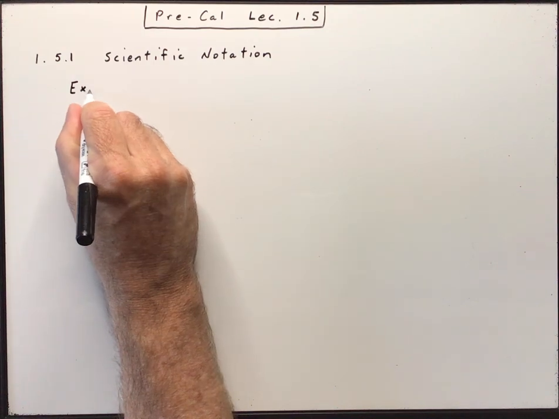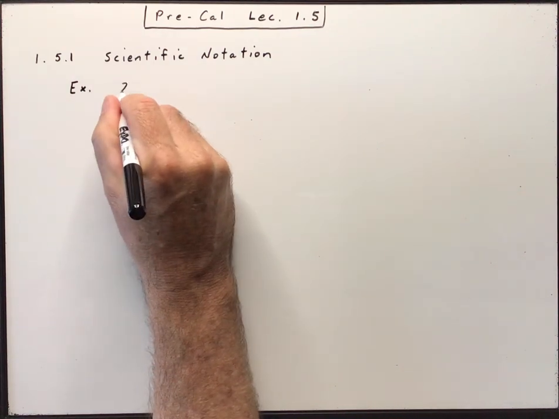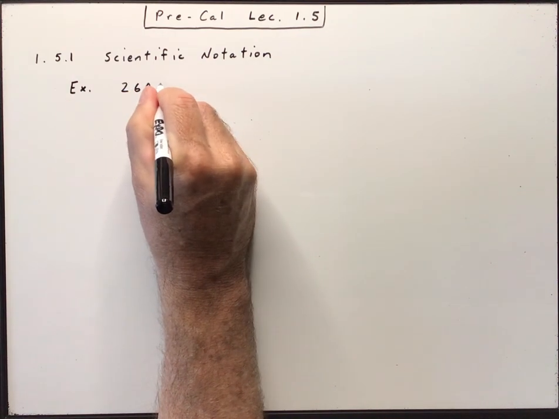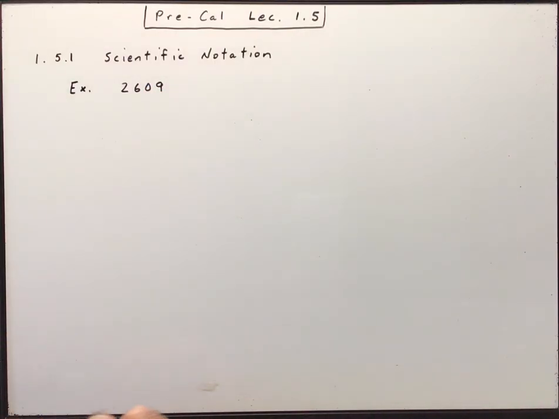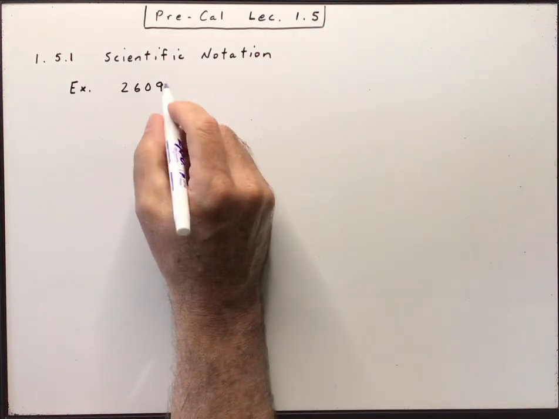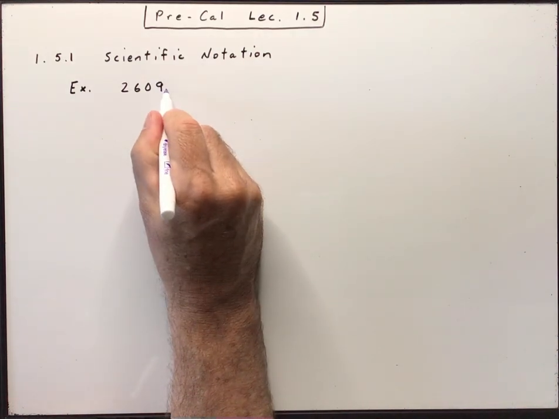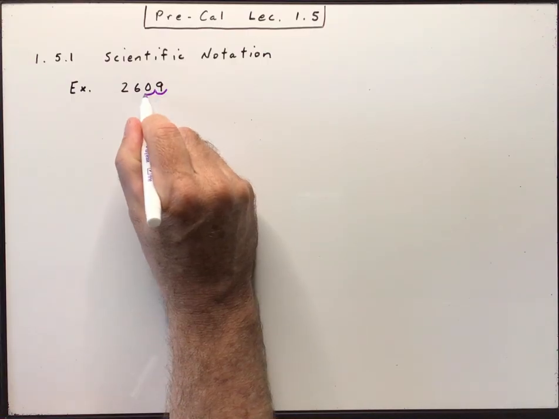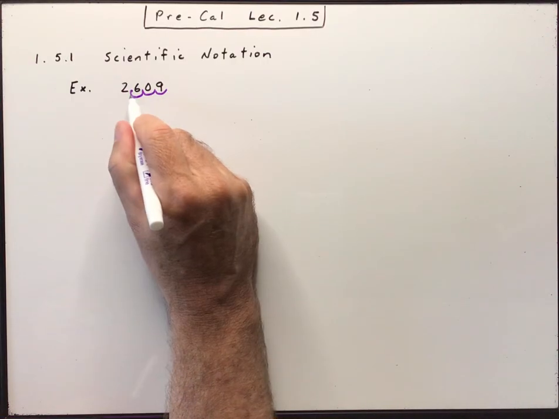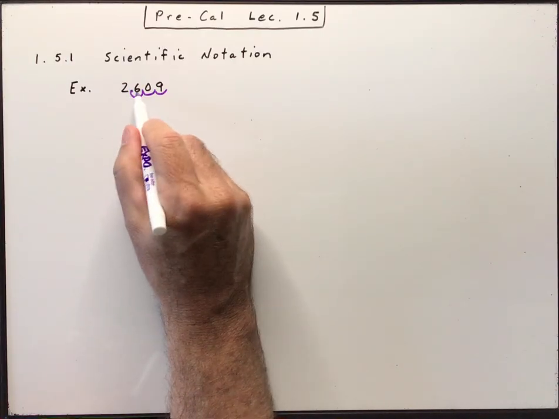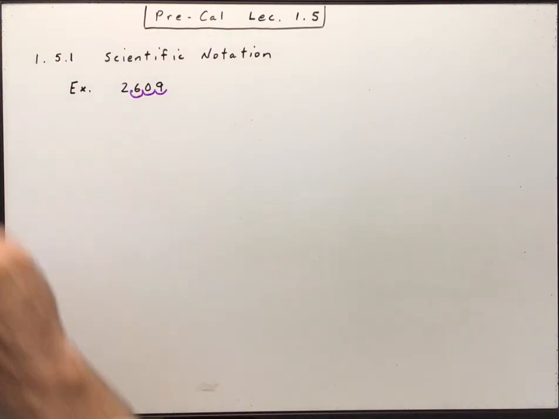So for example, let's say we have the number 2,609. The way that we would express that in scientific notation, it's a number greater than 1, so we're going to start on the right. We're going to go 1, 2, 3. We're going to move the decimal between the first two numbers.